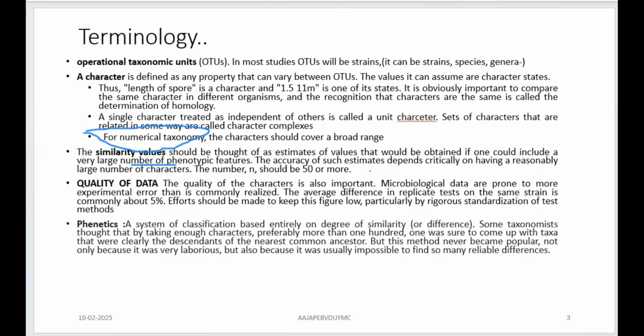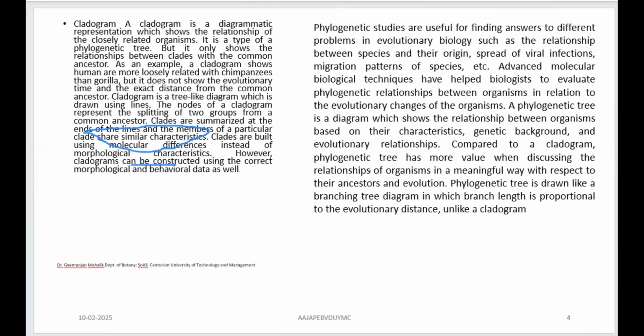Now we go to the next term. Here, having found out the similarities and dissimilarities, we are going to take the count of these, and develop a graphical representation so that we can get to know how related these organisms are or how they differ. So here are two terms.